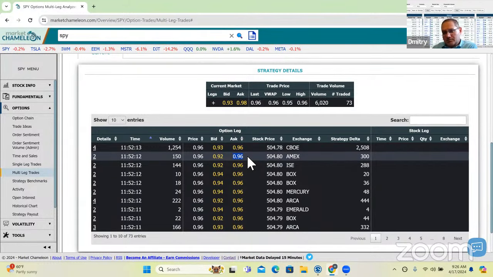Somebody stepped up and was willing to pay the displayed offer. They're willing to say, fine, that's good enough for me, I'll pay 96 cents. So again, there's a buyer and seller, but somebody stepped up to take the displayed offer.